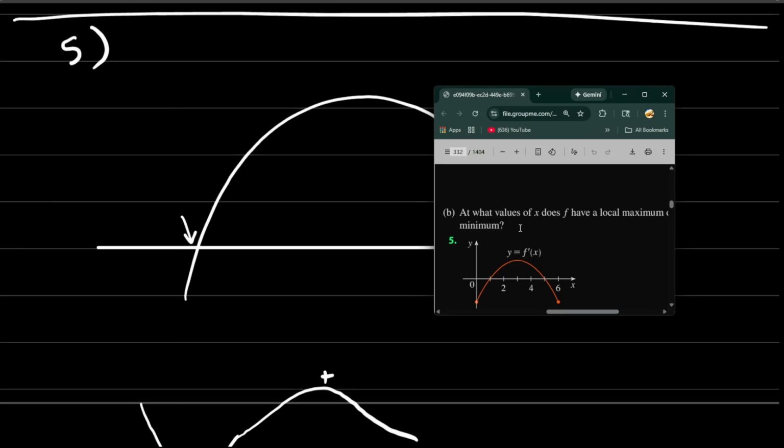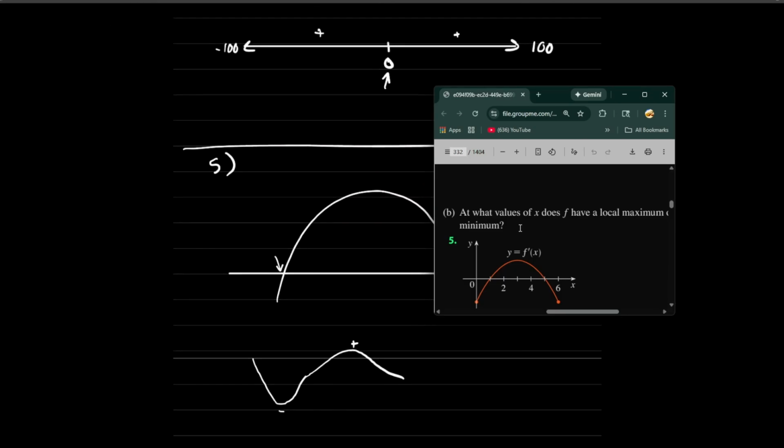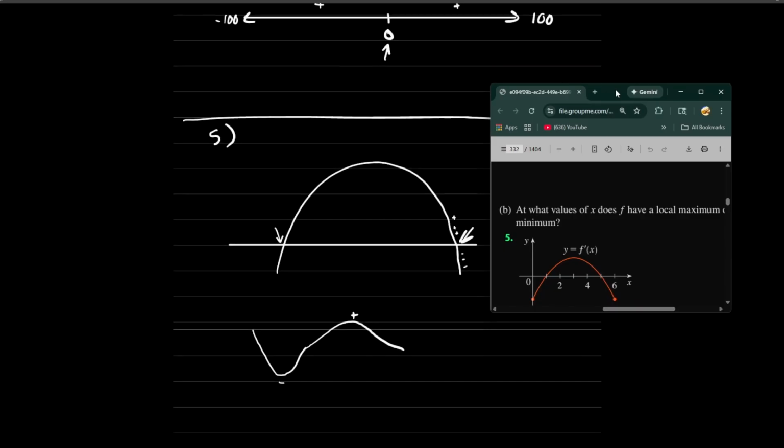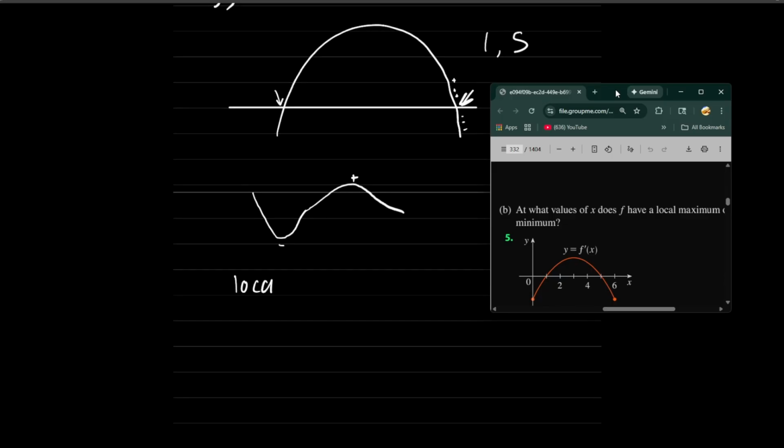And that refers to, this is difficult to do with this graph here, so that refers to these points here and here, which you can see is at 1 and at 5. So we have a local min at 1 and a local max at 5.